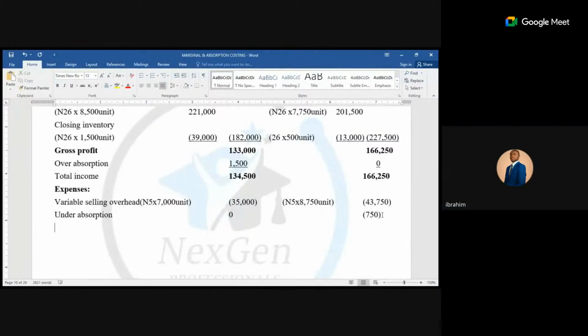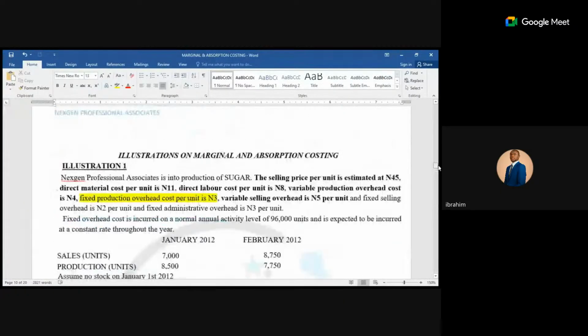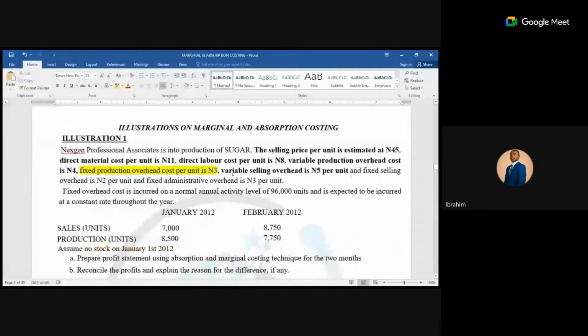Now, which other overhead do we have from the question? We have variable selling, fixed selling, and the fixed administrative overhead. These are overhead costs. Fixed selling overhead and fixed administrative overhead are not budgeted fixed overhead.